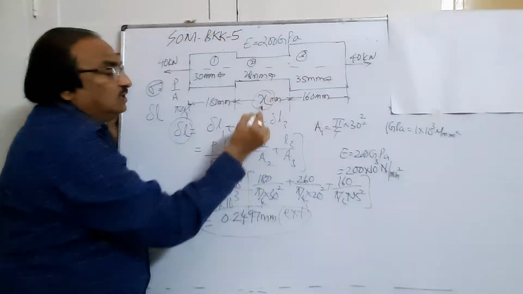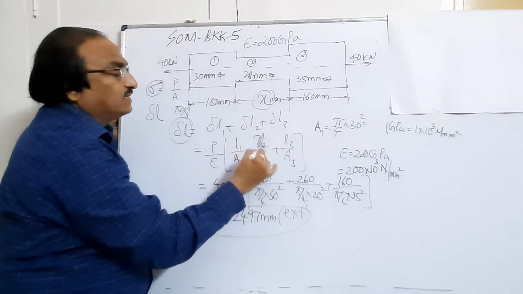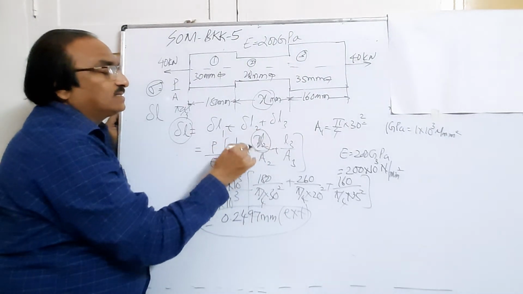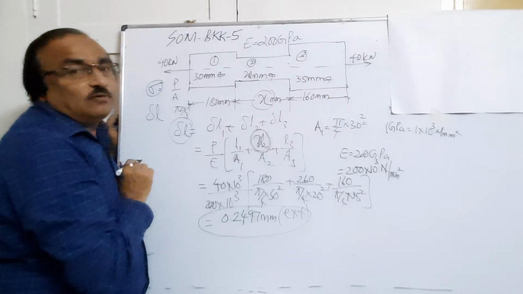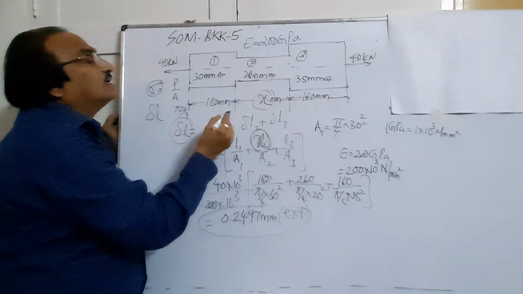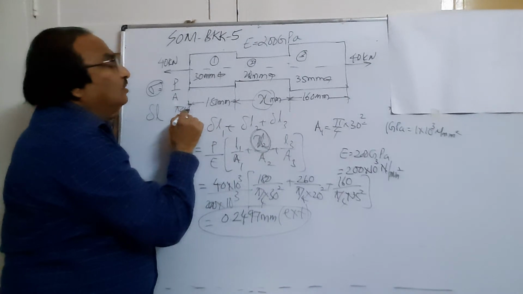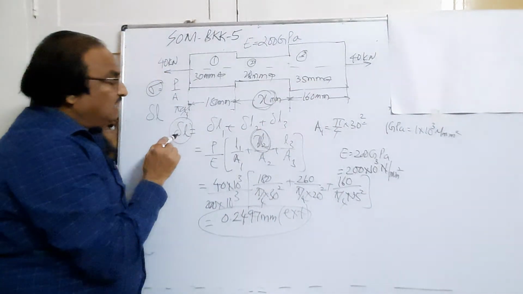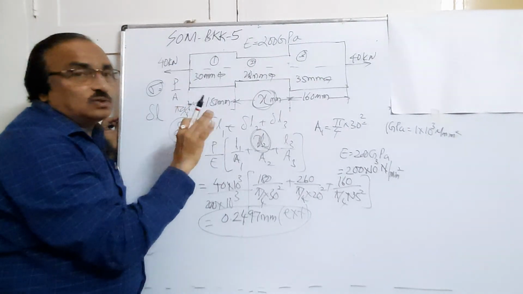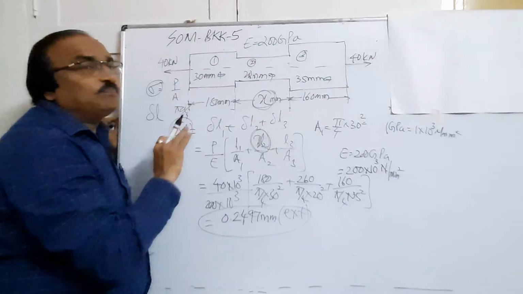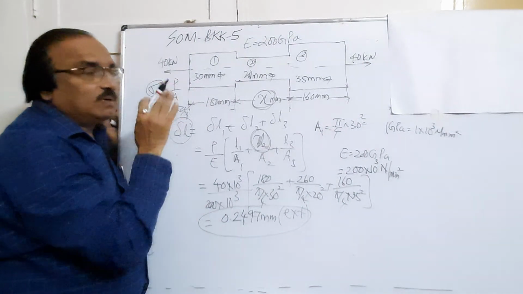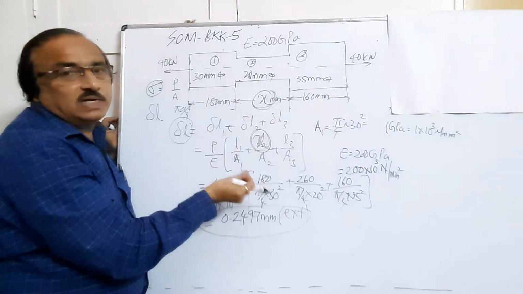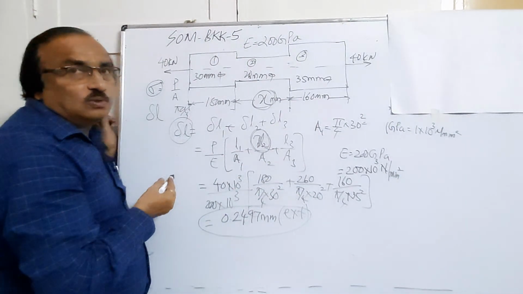The left side is known to you, the only unknown here is x. You will have to determine the value of x. You know this length, you know this length, you will have to find out the distance x here, provided I give you the total deformation. So these are the varieties or twists that you can see, but the method remains the same. What is given, you make use of that, and what is asked, you will have to do that.